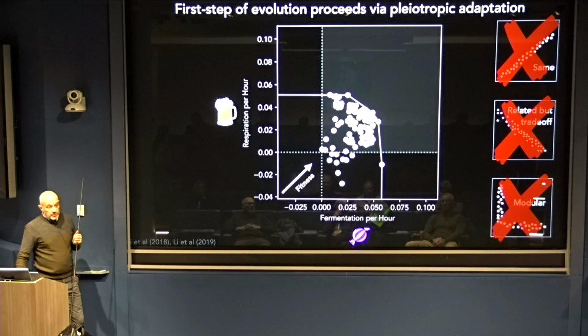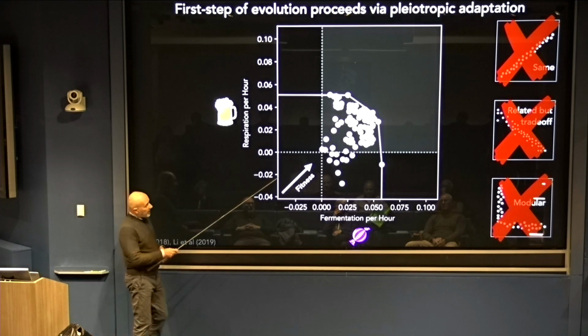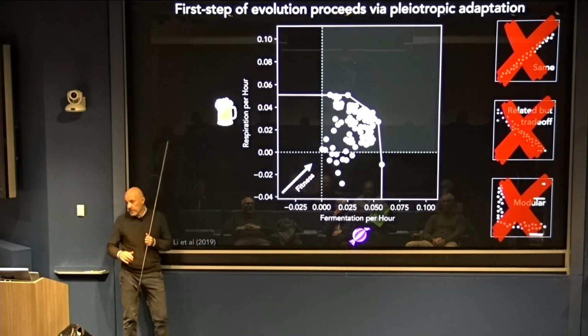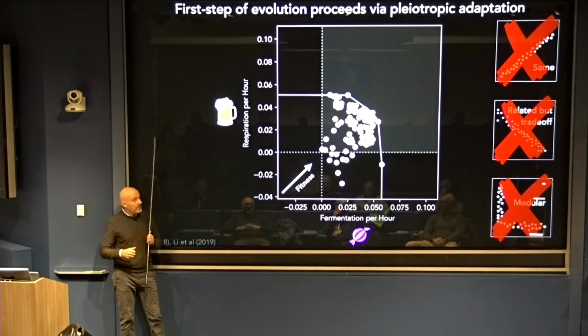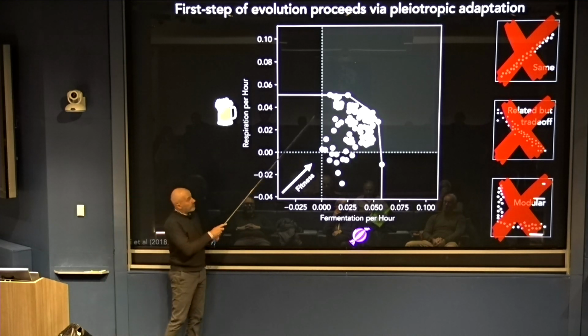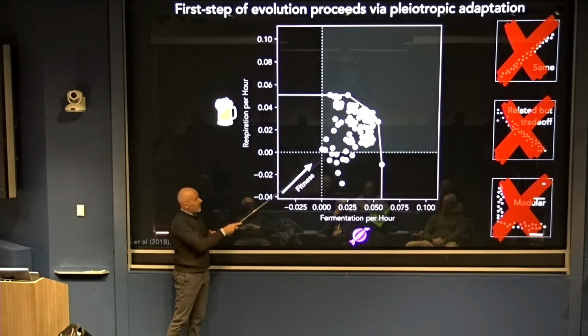And when we did it, it turned out to be completely different. It was like none of those. In fact, the majority of the mutations were coherent, so they improved both fermentation and respiration together. There were mutations that improved one, and mutations that improved the other at a cost: you can improve fermentation at the cost of respiration, or improve respiration without improving fermentation.